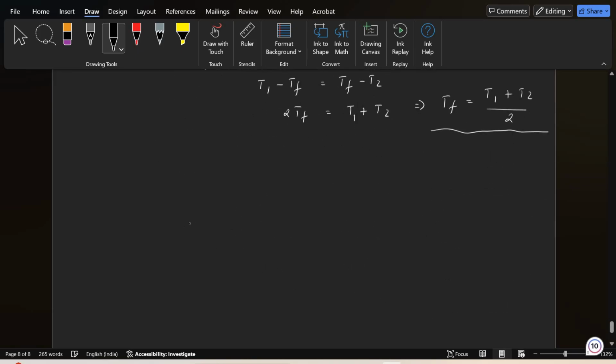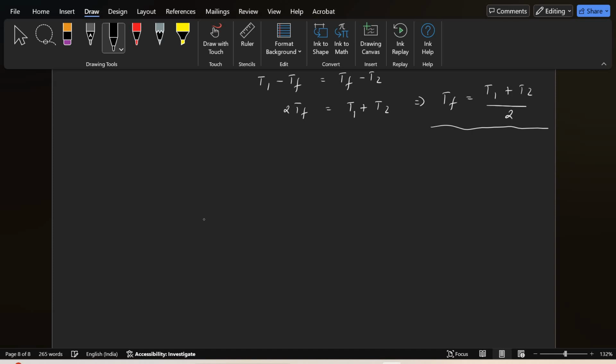That's quite straightforward, quite simple. Even if it's a different material, we can calculate the values. So we need the entropy change. As you know, ds is equal to dq reversible by T. Oh, sorry, wait. We need total entropy change. So delta S of the entire process is equal to the entropy change in the first block plus the entropy change in the second block.